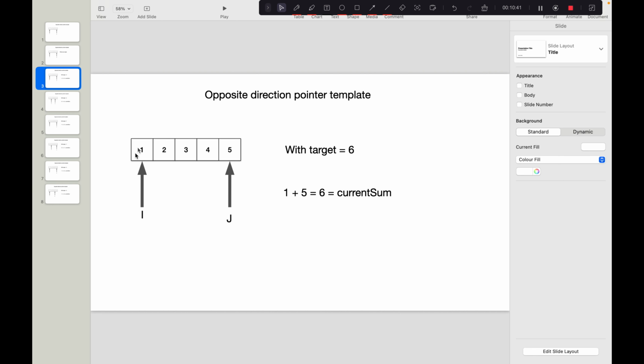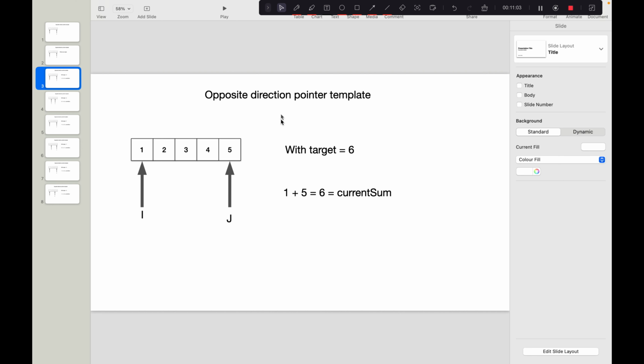This is a sorted array actually. I'm taking an example of a sorted array here, and I am summing up two elements of the array, two indices. I'm checking the sum of those indices' elements with my target.